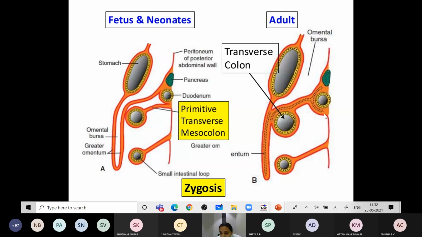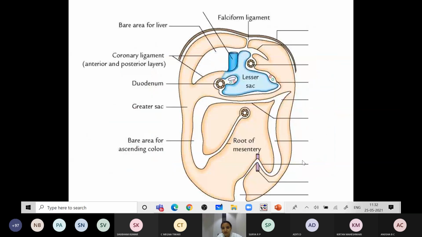Then it covers the posterior abdominal wall and is reflected to form the mesentery, which suspends the coils of the small intestine. So this is the right layer and left layer of the mesentery.